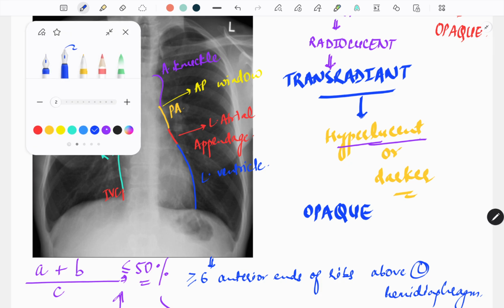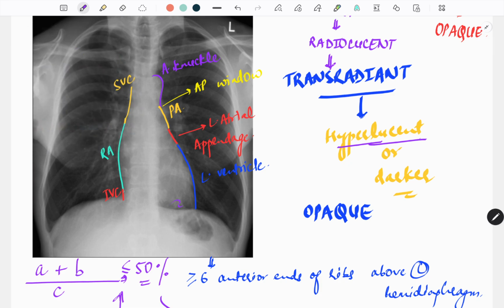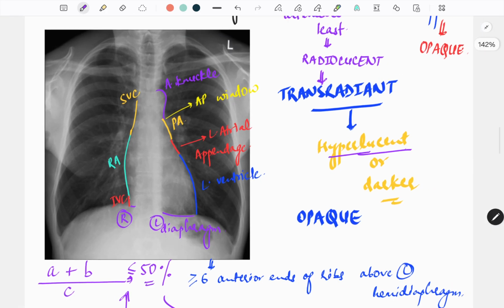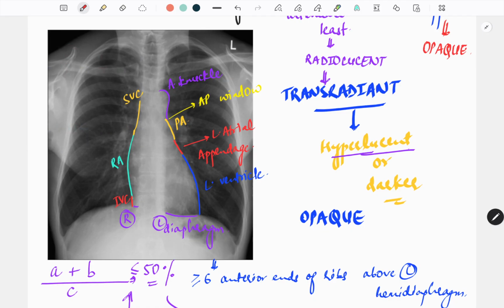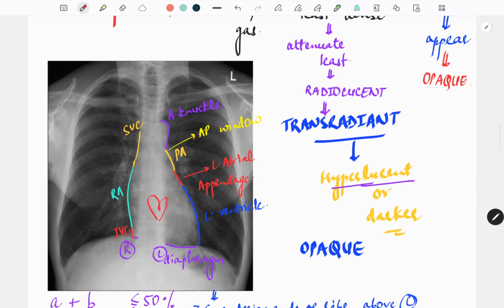The inferior cardiac border is formed by the diaphragm. Here, the right medial most aspect of the right diaphragm. Here, the medial most aspect of the left diaphragm. This is the heart.